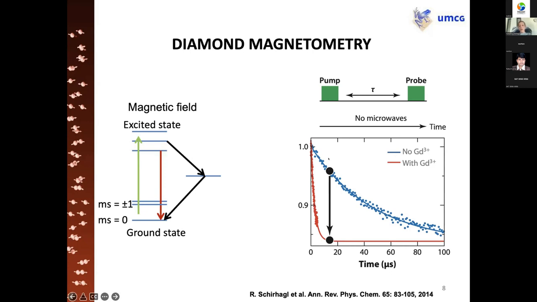If we have radicals in the surroundings, or if there's gadolinium there, the time is reduced sharply, which we can see here in the red. And this difference in time is called the T1 time, and is equivalent to what is called T1 in clinical MRI measurement. The difference here is that this is from a nanoscale voxel around the diamond particle.